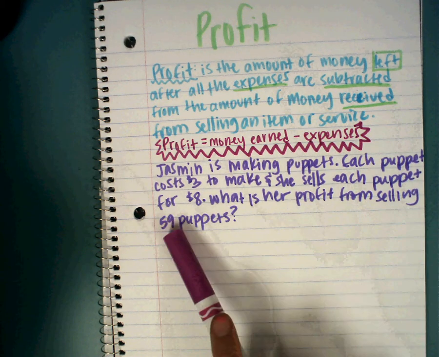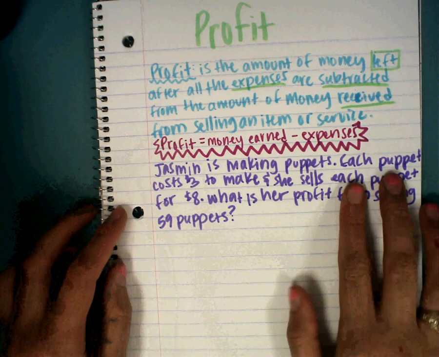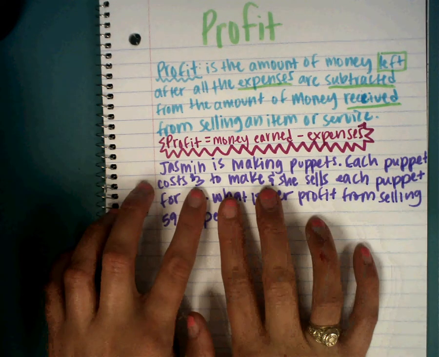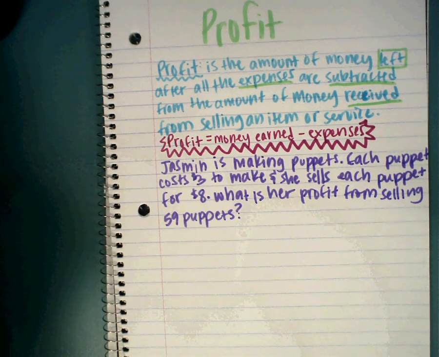So whenever it says each something costs this much to make, or each month it costs this much to provide this service, it's how much money that I would have to pay before I can sell my product. So I can't just sell nothing, right? I have to sell something, and that something is going to cost me money to get before I can sell it. Okay? So, first thing we need to do is find the expenses.